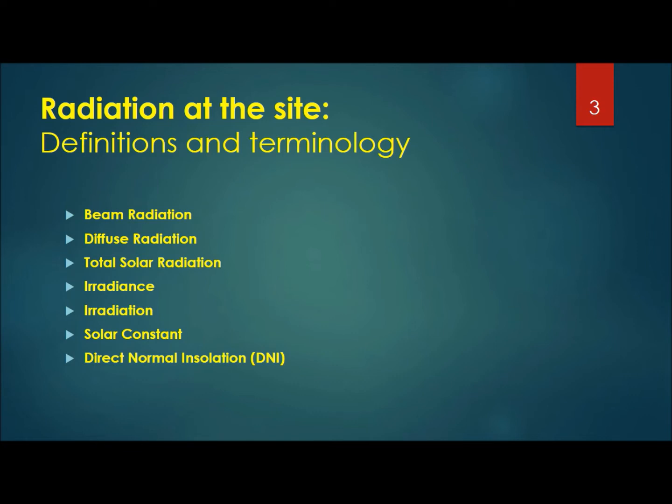Monthly average daily solar radiation on a horizontal surface is represented as capital H, and hourly total radiation on a horizontal surface is represented by capital I. The solar spectrum, or the range of wavelengths received from the sun, is depicted as short wave radiation received from the sun in the range of 0.3 to 3 micrometer, and long wave radiation greater than 3 micrometer is emitted by the atmosphere, collector or any other body at ordinary temperatures.